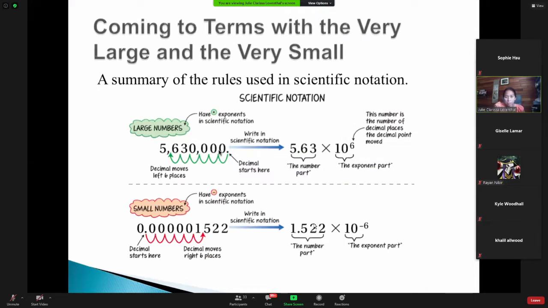So this is the decimal place. You count, and then you put your base number between 1 and 10. Here, 5.63. This slide I'm going to post after lecture. All the lecture slides are going to be posted on Blackboard, so you can review the slides.